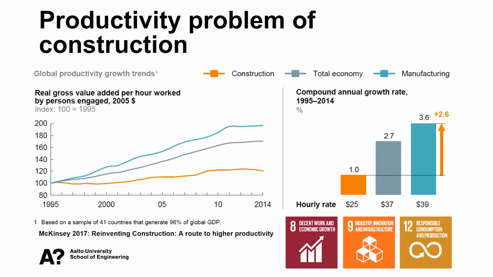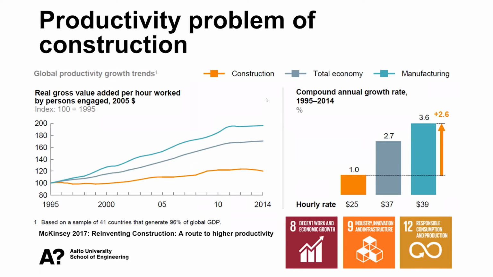McKinsey did a study in 2017, and many national agencies have shown similar images: construction's value added per hour worked has stayed the same or declined, while all the other industries have increased because they have embraced lean manufacturing and digitalization. Construction is trailing in these areas. So we have achieved very low productivity growth since 1995.